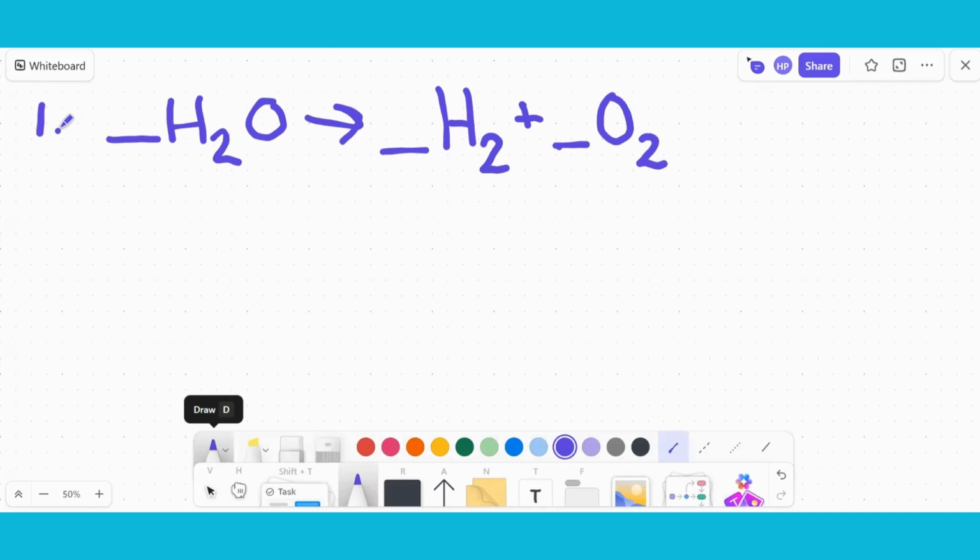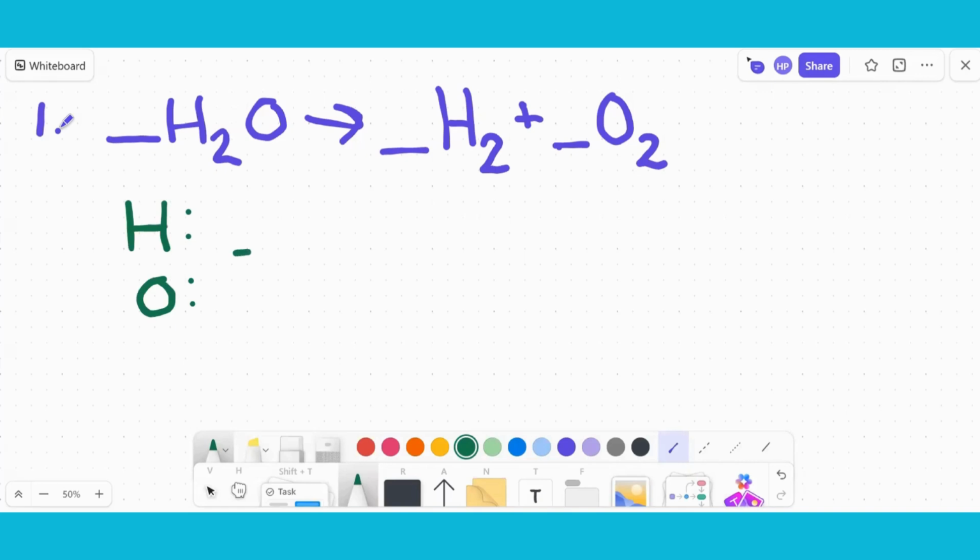So remember, to start a balancing problem, the first thing you want to do is take an inventory of what you have on either side of the equation. So first we have hydrogen, and second we have oxygen.